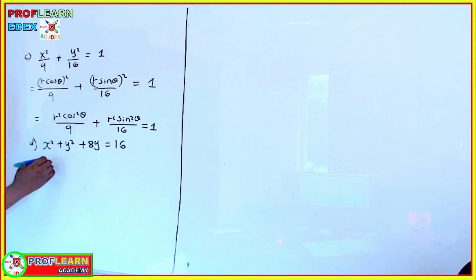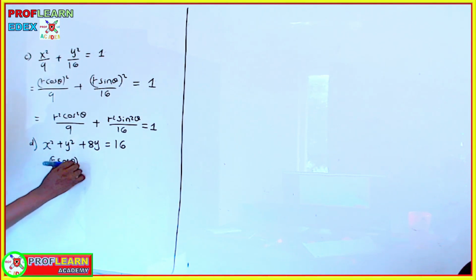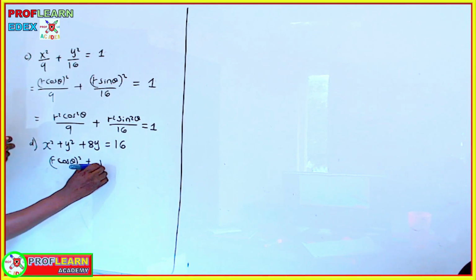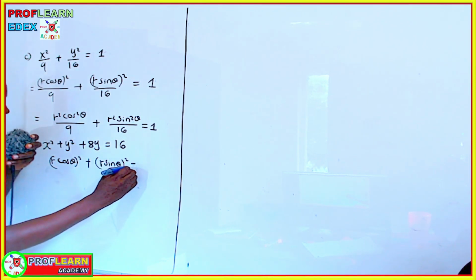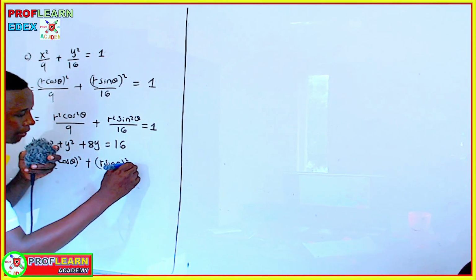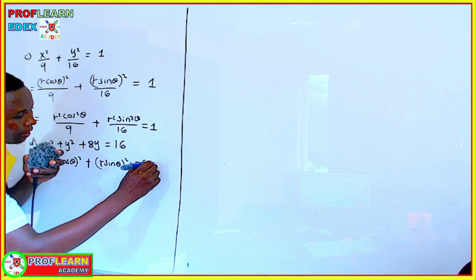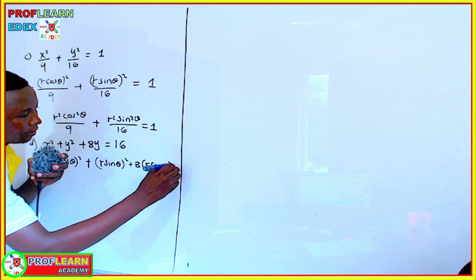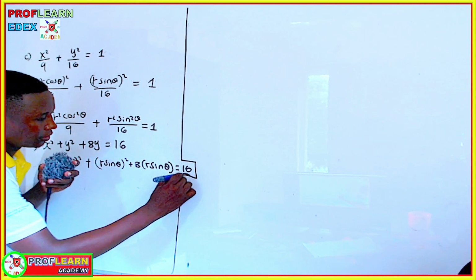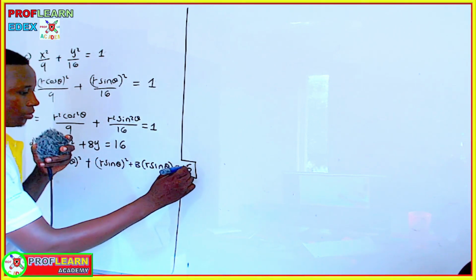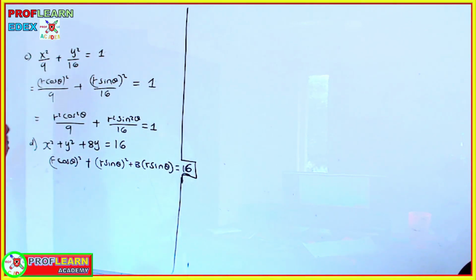So here we know that x is r cos theta squared plus r sine theta squared plus 8 r sine theta equals 16, at that given point.